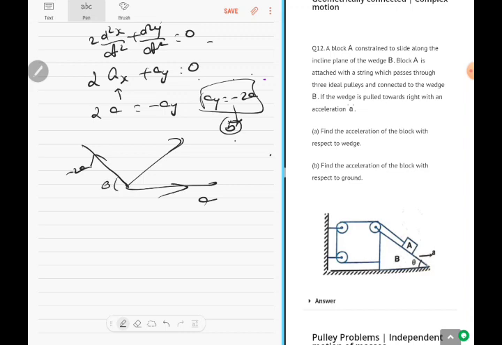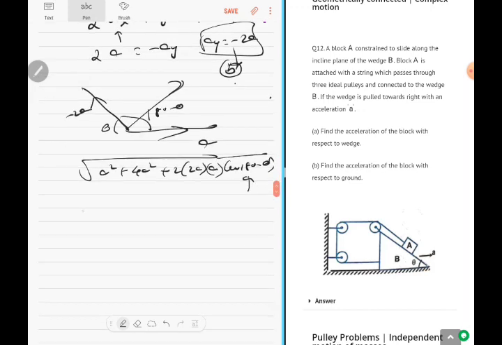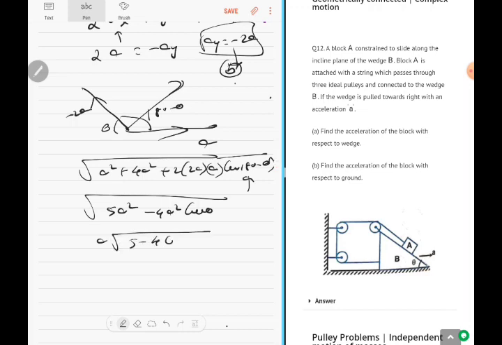Since the wedge angle here is theta, this will be 180 minus theta, so it is a square plus 4a square plus 2 into 2a into a, the magnitude of both accelerations, into cos of 180 minus theta. Cos of 180 minus theta is minus cos theta, so therefore 5a square minus 4a square cos theta. From this a can be taken out common, root of 5 minus 4 cos theta, and that will be the acceleration of the block A with respect to the wedge B.